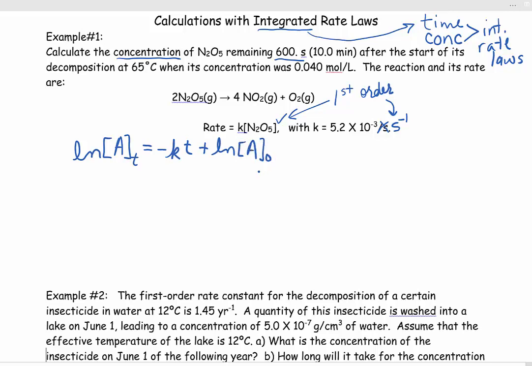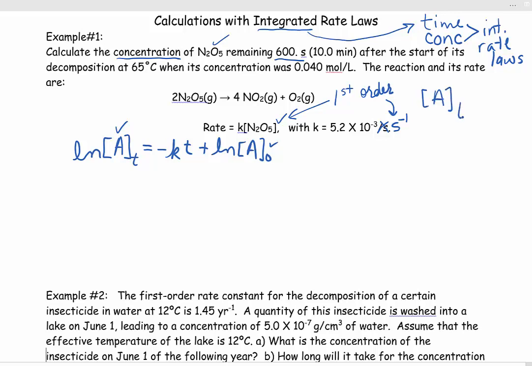This is of course our initial concentration here, and this is our concentration at some time later on in the reaction. It's asking us to calculate the concentration of N2O5 remaining this amount of time after the start. So which concentration is the unknown? That's going to be our A sub t.